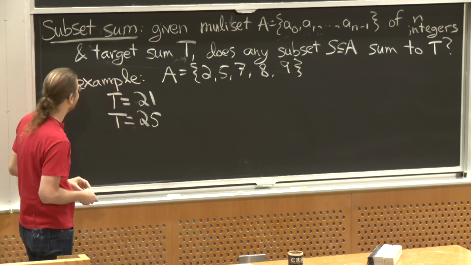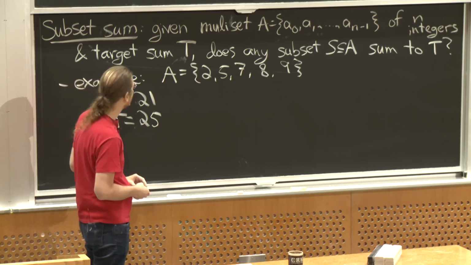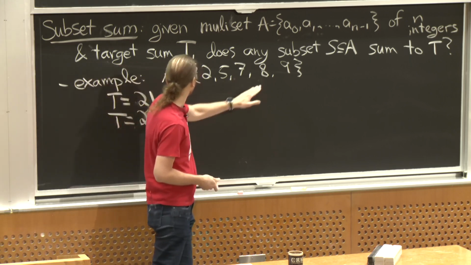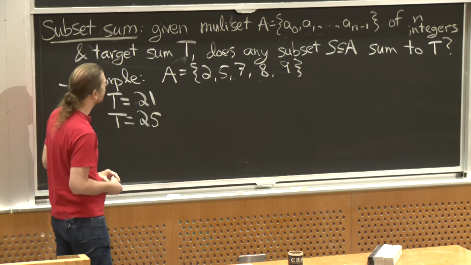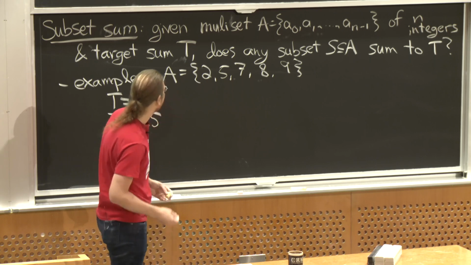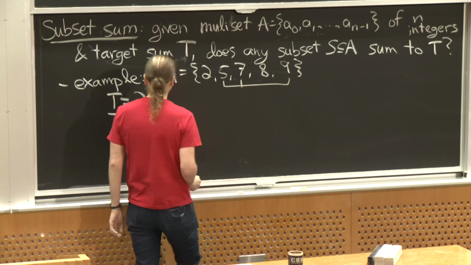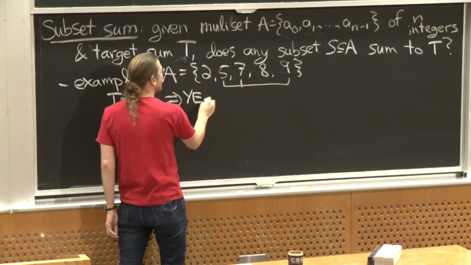Oh, this involves arithmetic. That's hard. I think, let's see, if I add 7 and 8, I get 15. Not quite what I want. Cheat, look at my answer. Yeah, close. I see. 5, 7, 9. So this is a yes answer to the question.